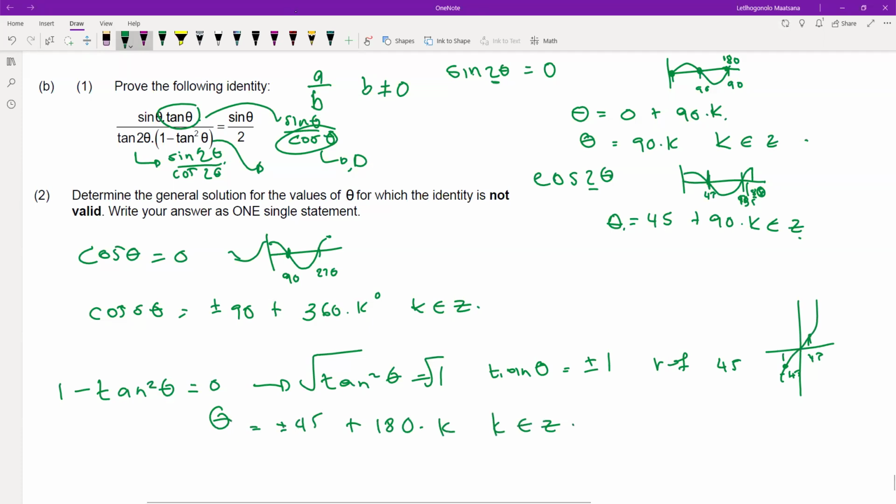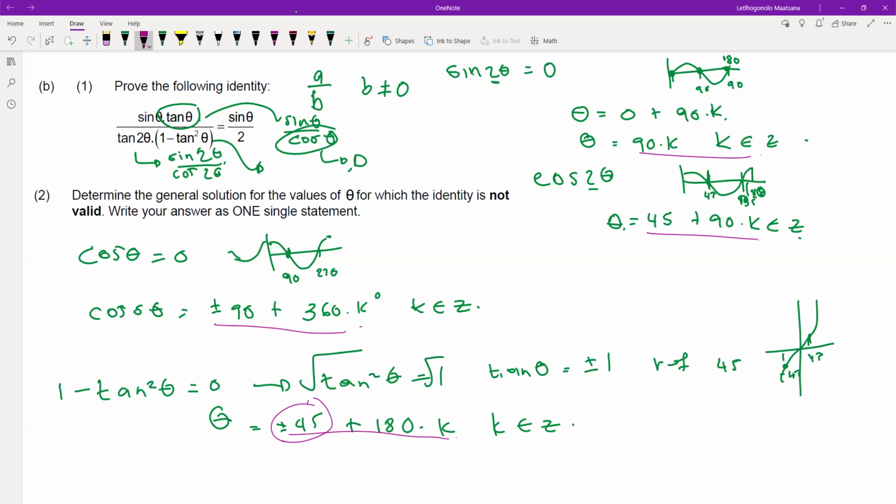If we look at all the solutions that we came up with, which is this one here, that one there, and this one here, we will see that they are all with reference to 45 degrees. Each and every one of these includes 45, or is a multiple of 45.